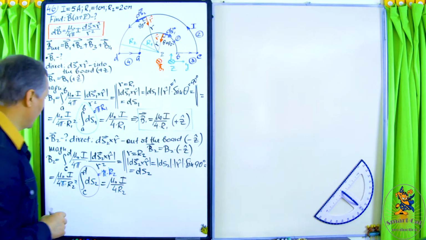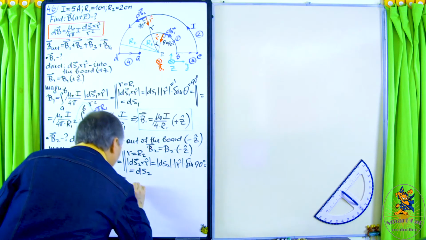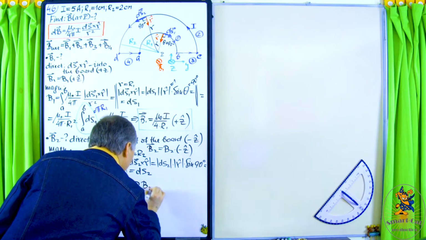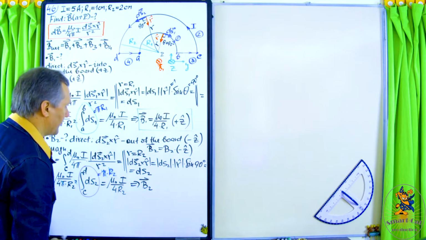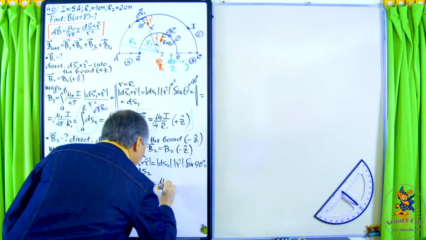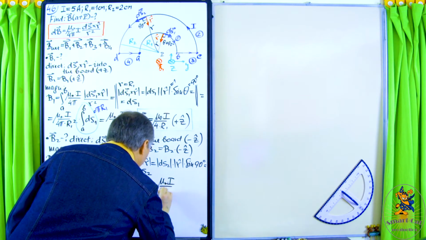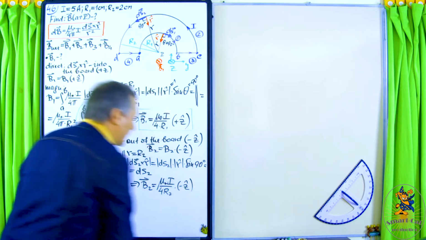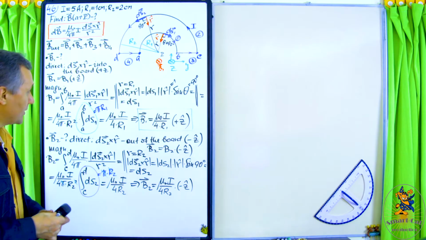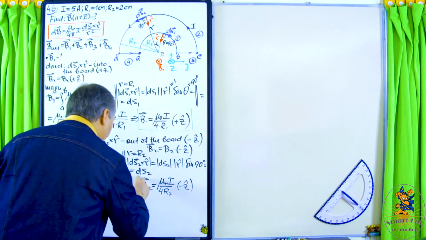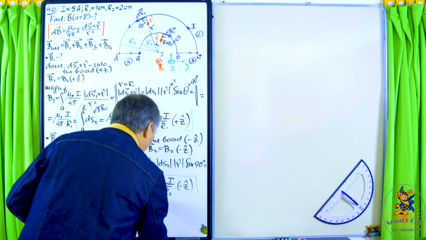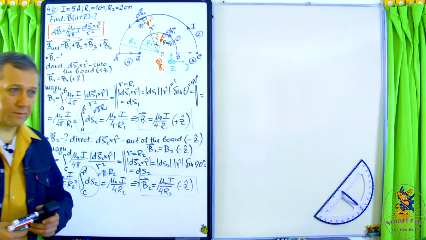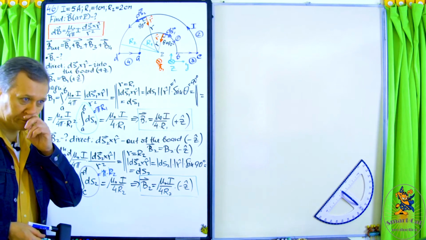So now I can write the contribution B2 like here. It will be mu naught times I divided by 4 R2 in the minus z hat direction. So that's the contribution to the net magnetic field from the second semicircle.